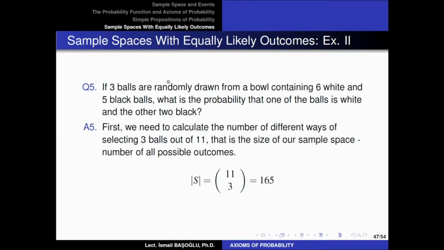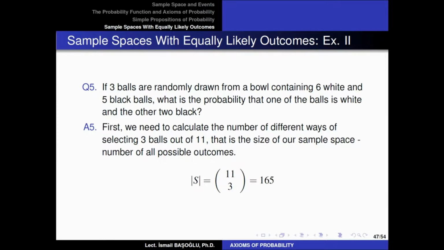First of all, if we assume this as a random experiment, what is this experiment? Randomly drawing 3 balls from a bowl that contains 11 balls, right? So we are selecting 3 balls out of 11. And in how many different ways can we select these 3 balls from these 11 balls? So you see, we are going to use the number of combinations formula here.